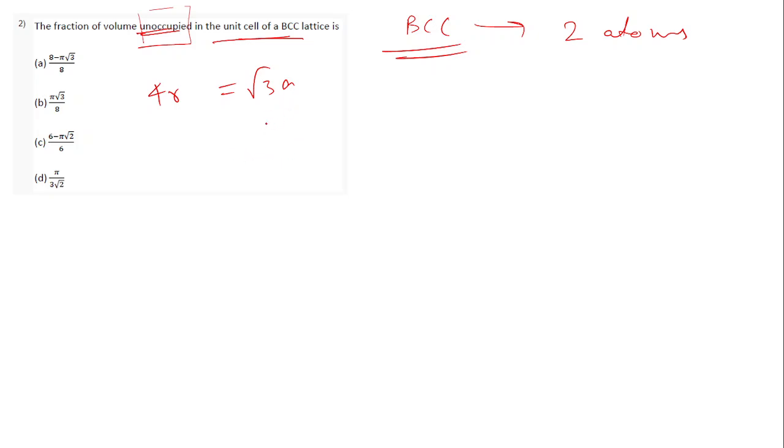Now the volume occupied by atoms in the unit cell: one atom will take the volume of a sphere, because every atom is spherical, so the volume of 2 atoms will be 2 times 4 by 3 pi r cube. This is the volume of one atom, and since we have 2 atoms in BCC, this is the total volume taken by atoms. Now what is the total unit cell volume?